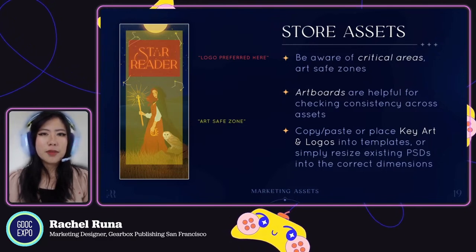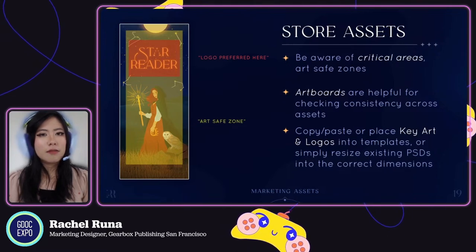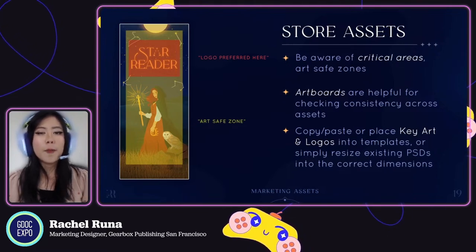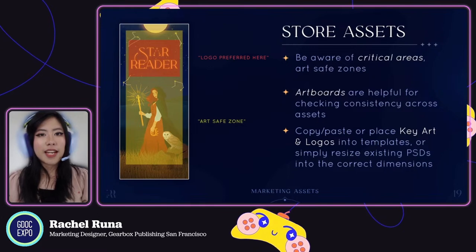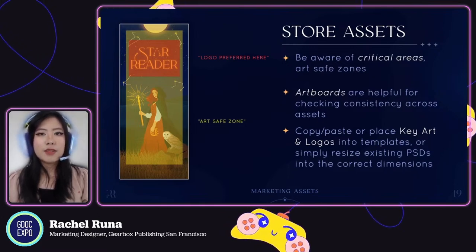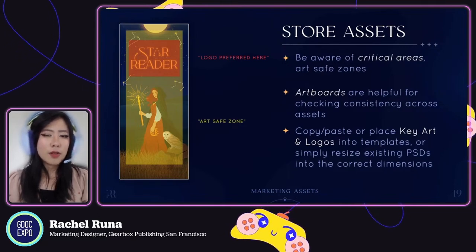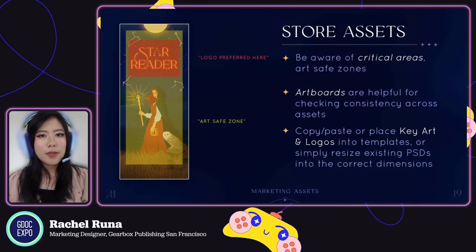Now, when it comes to creating store assets, there are a few ways that you can go about actually creating it. The first way is to just copy and paste the layers of your key art and logo into the template.